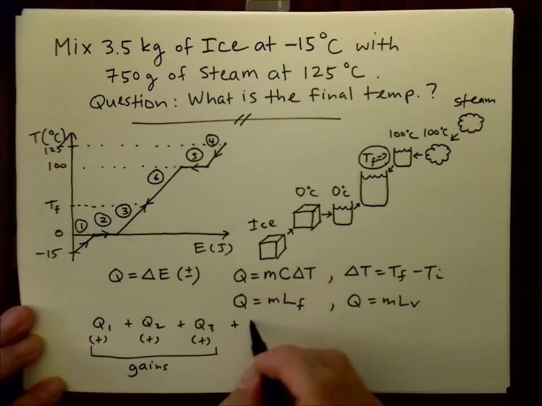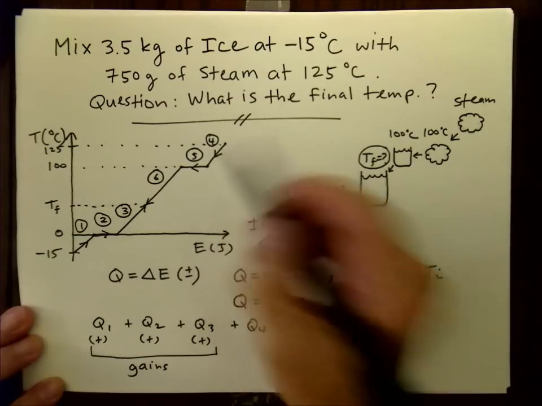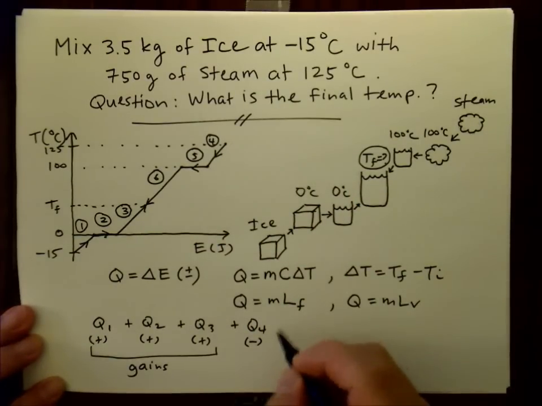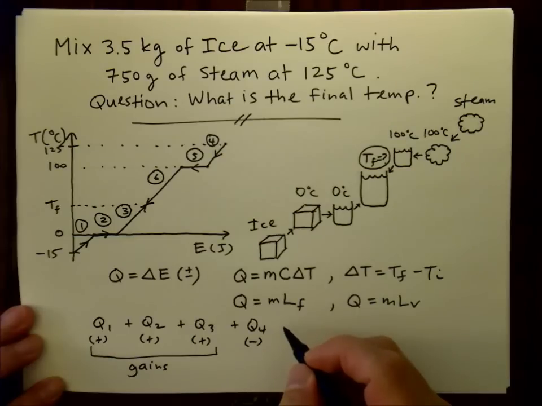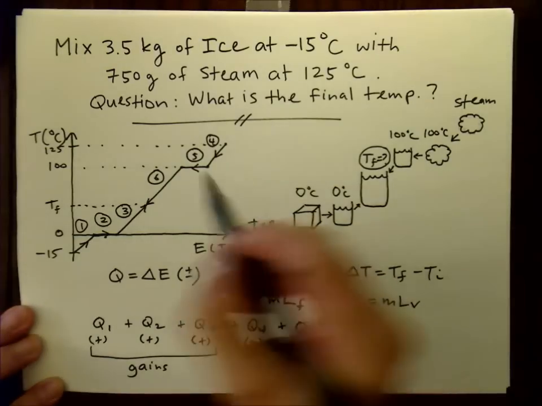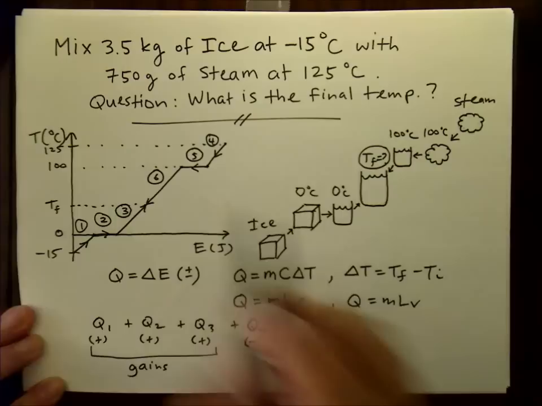Of course, we have Q4, which is the steam dropping in temperature to 100 degrees C. Now this is going to end up being a negative term because the final temperature is less than the initial temperature. Next we have Q5, which is where we have condensation of the steam.